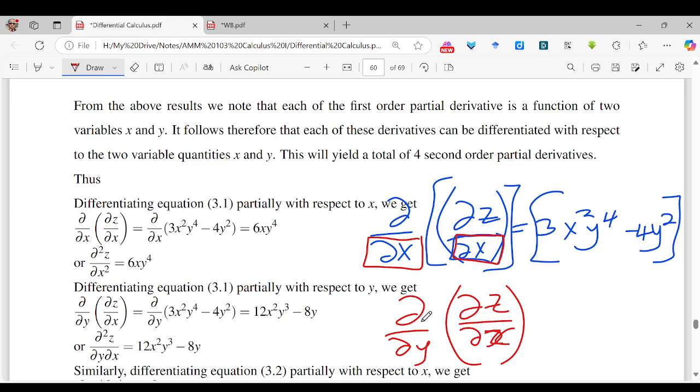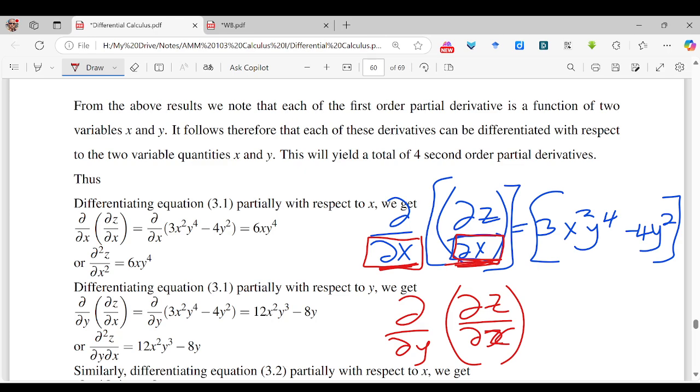In this case, we shall assume that x is a constant because we are differentiating partially with respect to y. So when we do that, we get the second order partial derivative. And notice that this one is different from the first one, because the first is obtained partially with respect to x and also partially with respect to x.